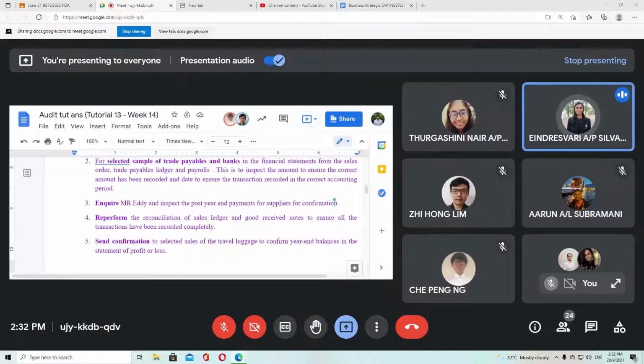Hey, you guys seriously okay or not? This is the easiest question I can set. The final exam will be very simple like this. I know in the question scenario I wrote trade payables, banks, payroll, all that, but that is not relevant. You need to look at the last requirement.